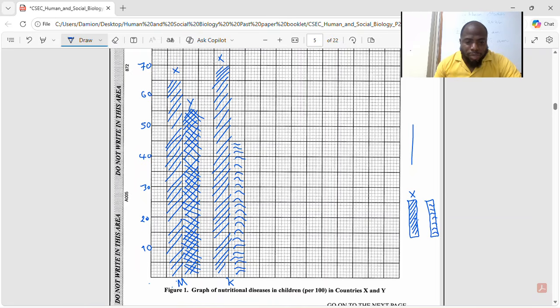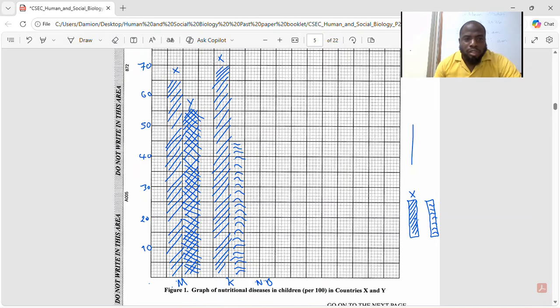Next, we would have had night blindness. Just want to give it a little space.